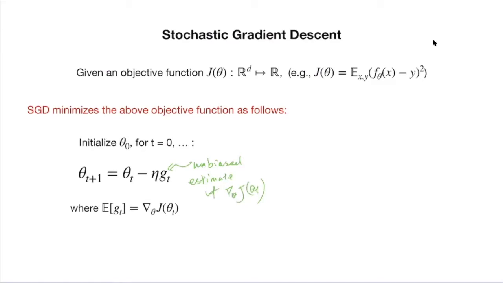All right, so let's take a look at this example. What's a candidate for an unbiased stochastic gradient? What I can do is sample a pair x, y from the distribution that defines the expectation, and compute the gradient with respect to theta of the loss function measured at this particular example pair.